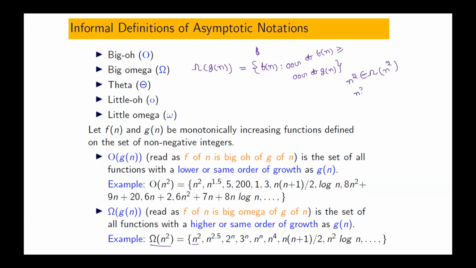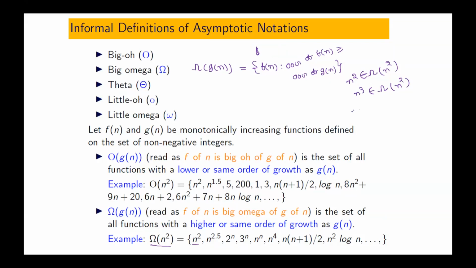N cubed, does it belong to big omega of n square? It should be equal or more. Yes, n cubed is greater than or equal to n square. Correct.